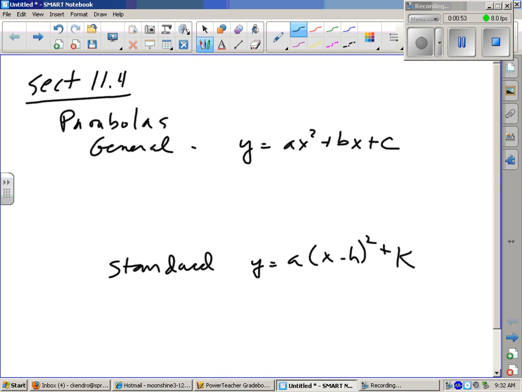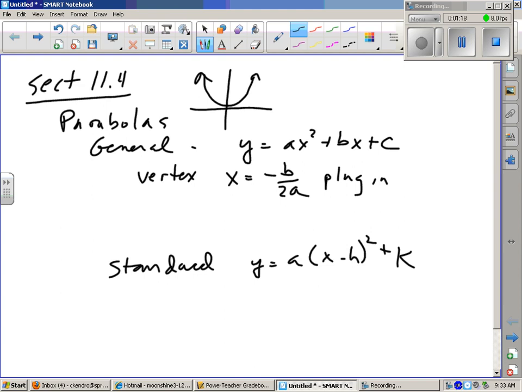Now in the general form, it's kind of nice. If you want to find the vertex, remember a parabola is just a curve. This bottom point here is the vertex. To find the x part, you do negative b over 2a, and then you plug that in to find y.